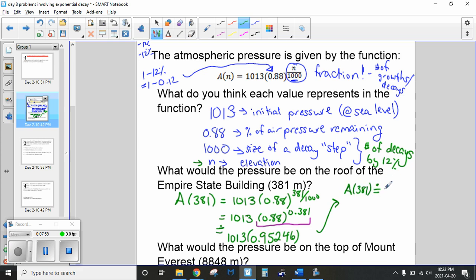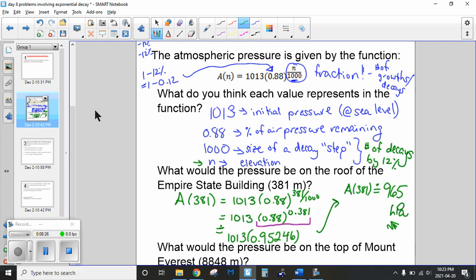The pressure is approximately 965 hectopascals. So I'm including units there in the final answer. Okay, so we started out with a pressure of 1,013 and now it's down to 965. So the pressure has dropped, which is what it's supposed to do.